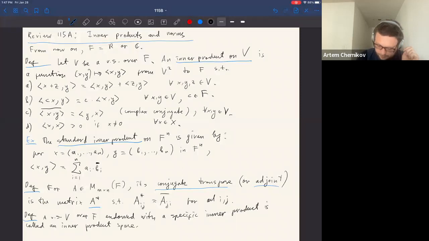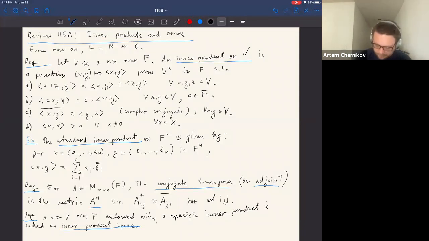Whenever we say an inner product space, it means we both have a fixed vector space and a fixed inner product operation on it. Of course, there can be many different inner products on the same vector space. So when we say inner product space, it means we already fixed some particular inner product.